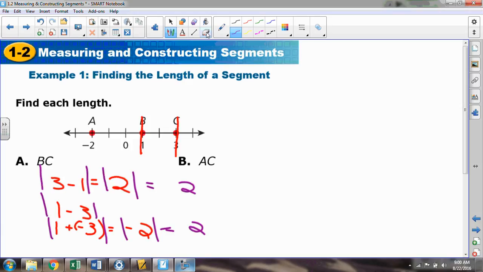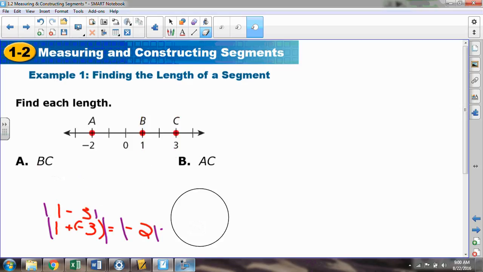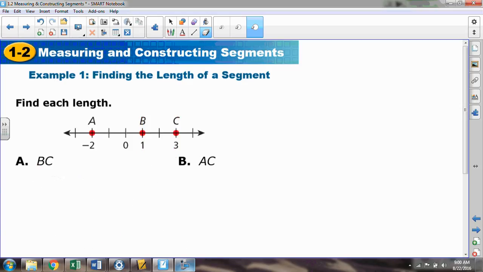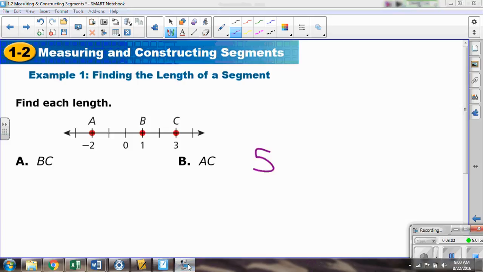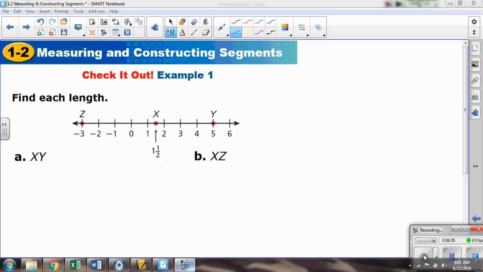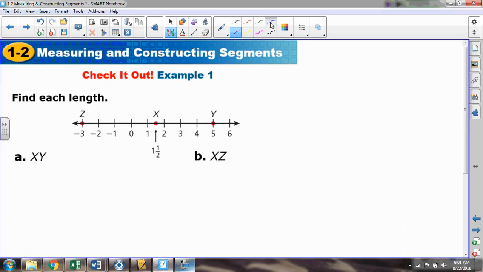Now, you tell me, what is this distance between A and C? Thank you. We've got a distance of 5. Continuing further, let's find this length XY. What is the distance from X to Y? Close to 4.